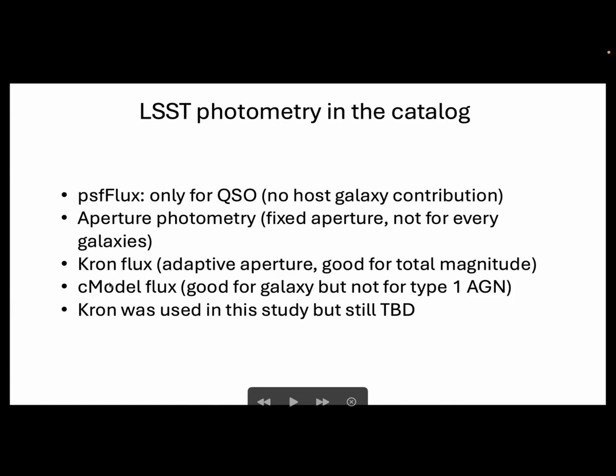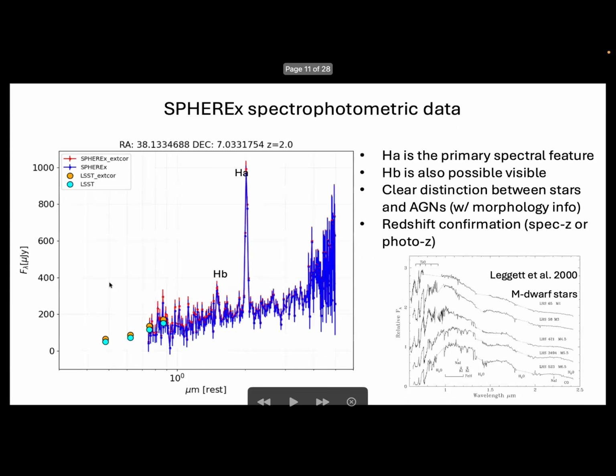Aperture photometry is a fixed aperture, so again it's not good for every galaxy. Kron magnitude is an adaptive aperture, so it's good overall for getting the total magnitude. CModel flux is also good particularly for the galaxy, but it's not ideal for a type 1 quasar. For this exercise, I tried multiple things, but I ended up using the Kron flux as not optimal, but the best choice.